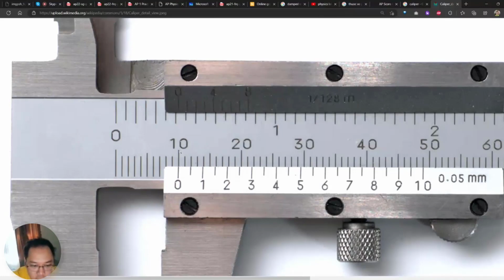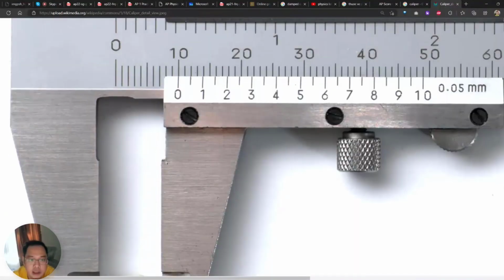Here they are almost the same, but here is better. And it is 10 times 0.05 millimeter more. 10 times 0.05 means 0.5, and you add that 0.5 to the value 10 here. So the diameter of this object is 10.5 millimeter.